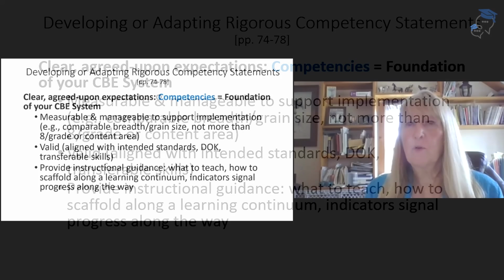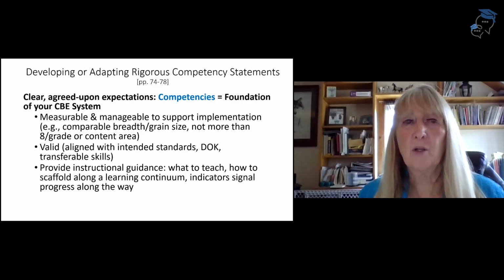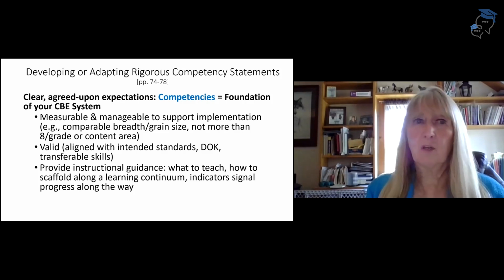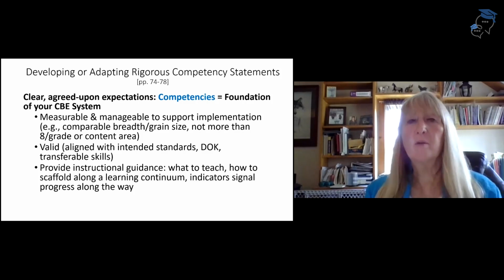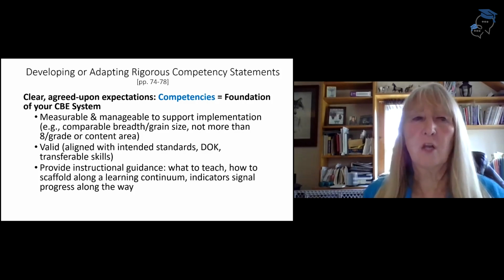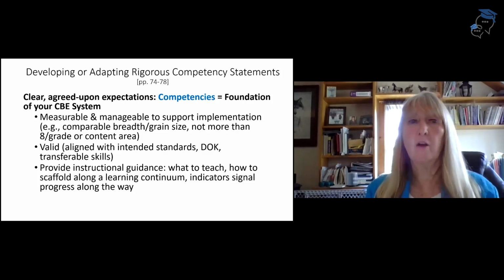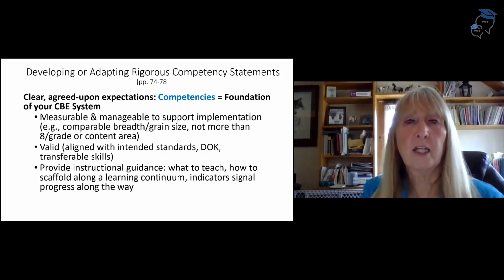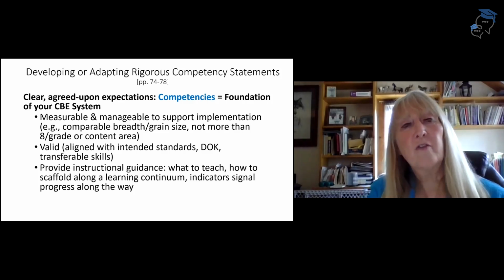My rule of thumb is always don't have more than 8 per grade level or content area, because it would be too much. You could have 6, you could have 4, but have them not too big and not too narrow. If they're too narrow, you're going to end up with a lot. If you have them too large, you're going to have 57 varieties of I can statements. They're valid.